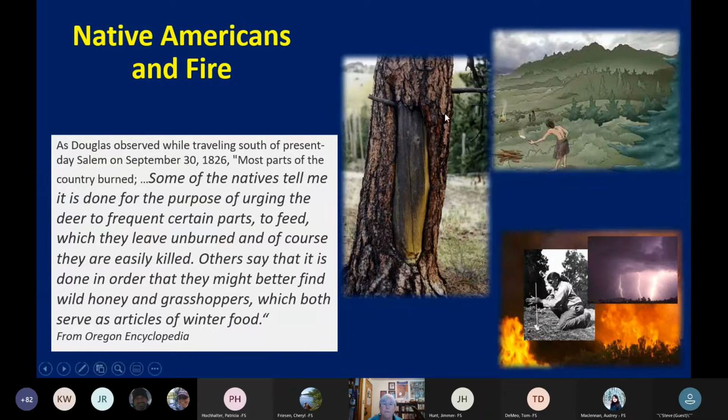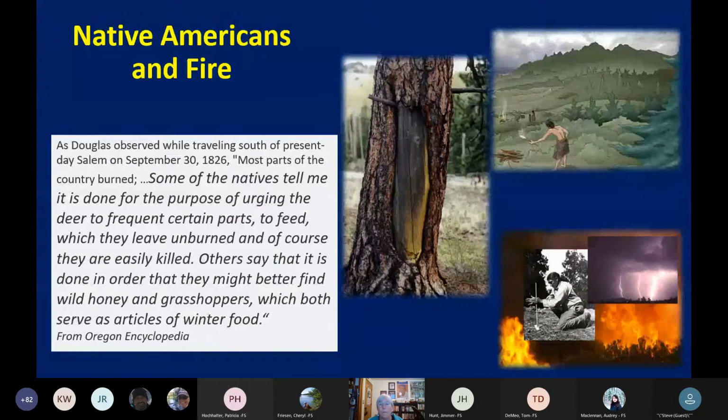For instance, in this photo here, you can see many of the ponderosa pine that exist down in the south end of the Willamette have this scarring pattern. And these trees have been culturally modified by pre-contact people where they peeled the bark and utilized the cambium for either medicinal or food purposes.